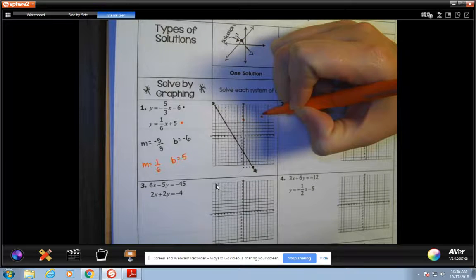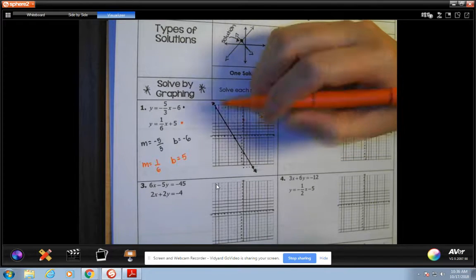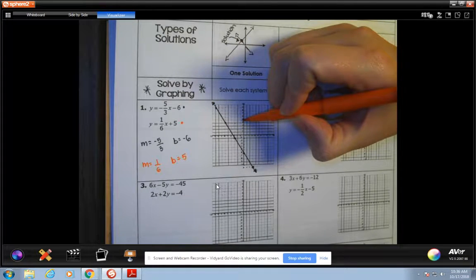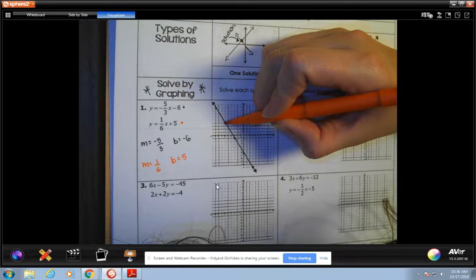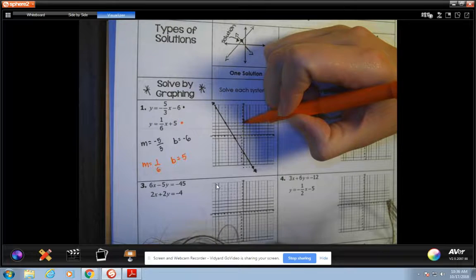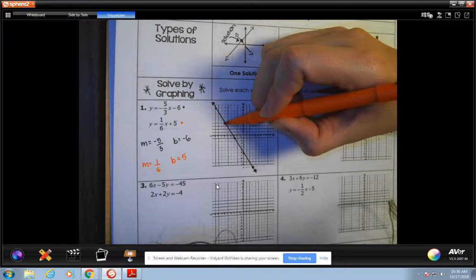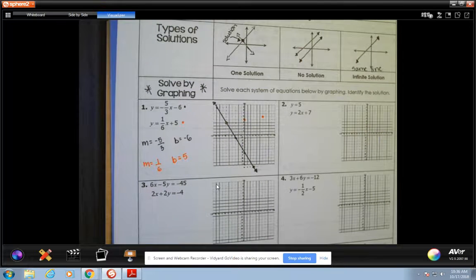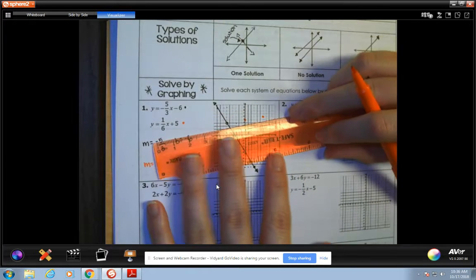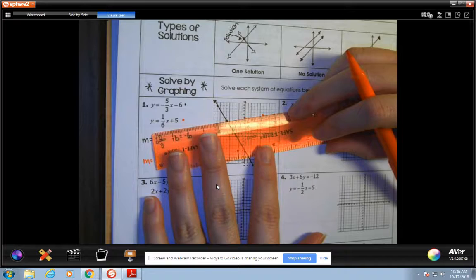I can rise 1, but I can't go 6 anymore, so I have to go back to my y-intercept and do the opposite. We'll go down 1 to the left 6. Let's count: 1, 2, 3, 4, 5, 6. I'm not going to be able to go down and left anymore, so I'm going to connect these dots.